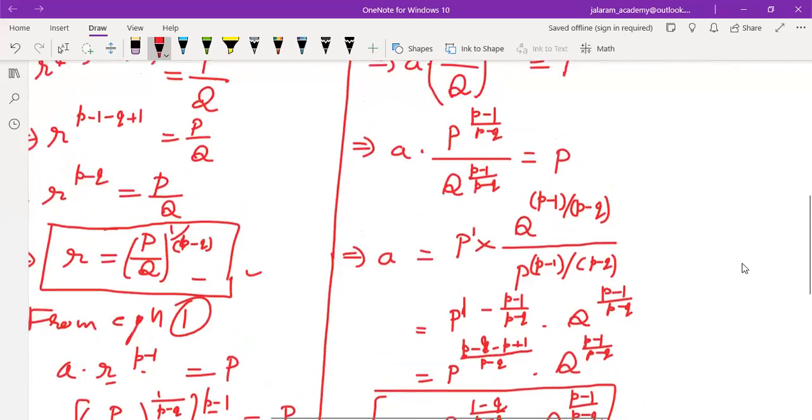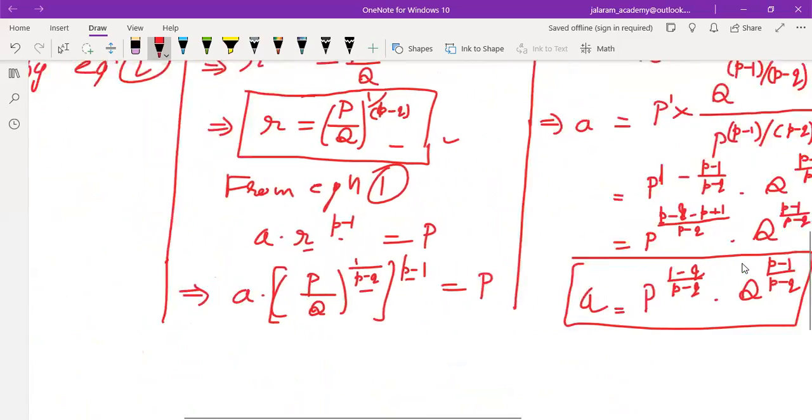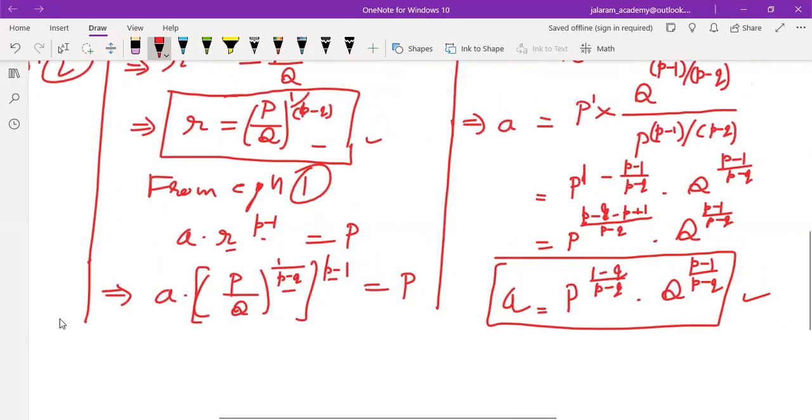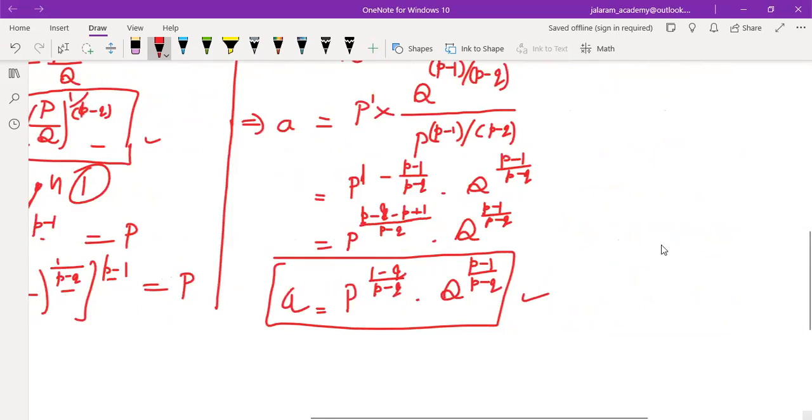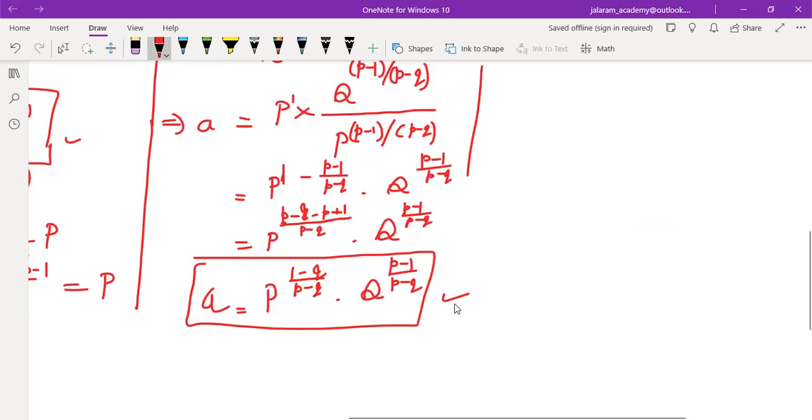Now to find the nth term, we will use these two values. This first term as A and common ratio as R. As we have to find a n, so A into R to the power n minus 1.